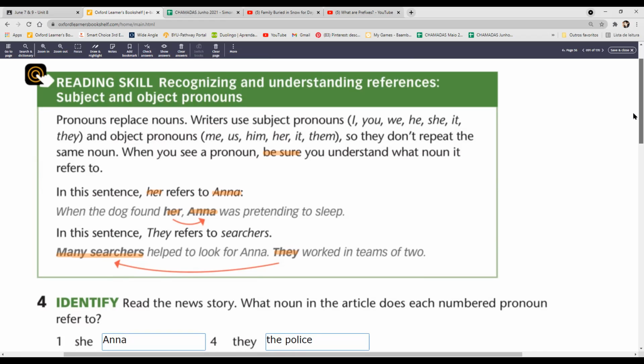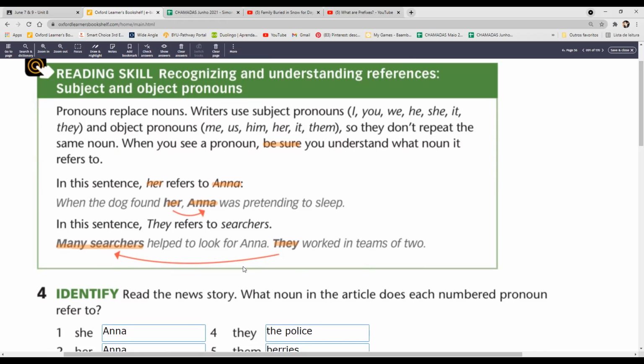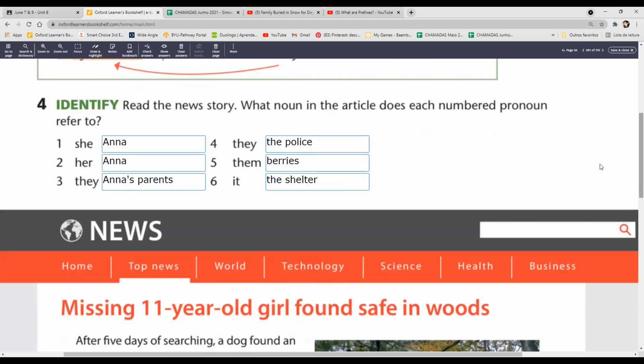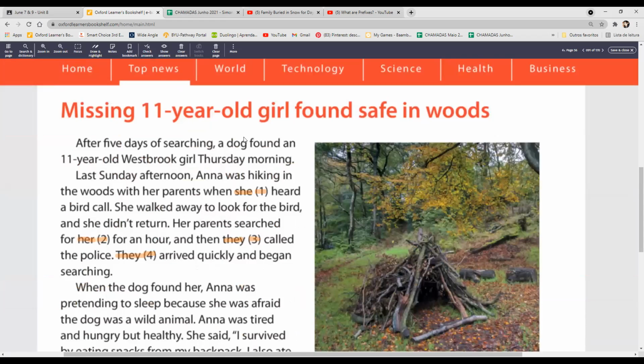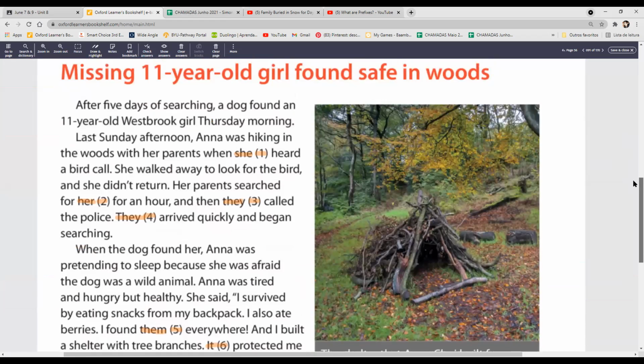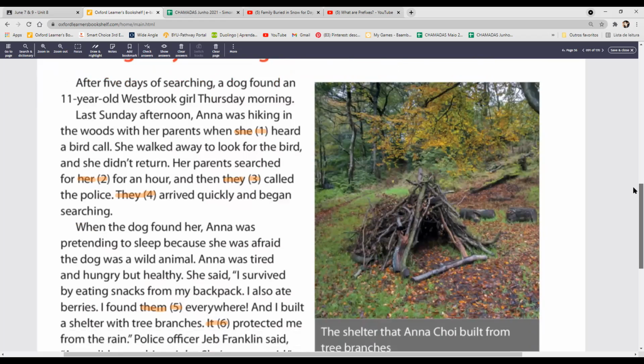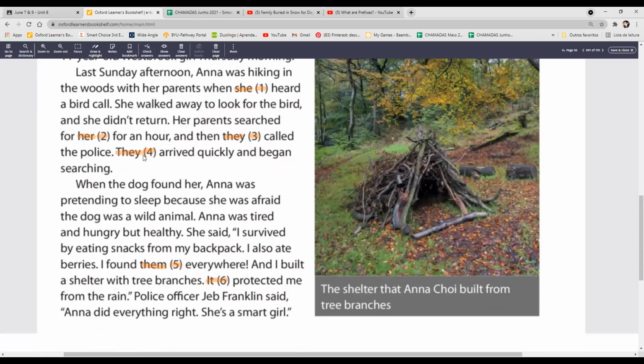And when we read, we can also understand the text better if we know which noun the pronoun refers to, okay? Next one, we worked on this using the story of an 11-year-old girl found safe in the woods. She was rescued because a dog found her. And then we worked on the pronouns that were used in the story.